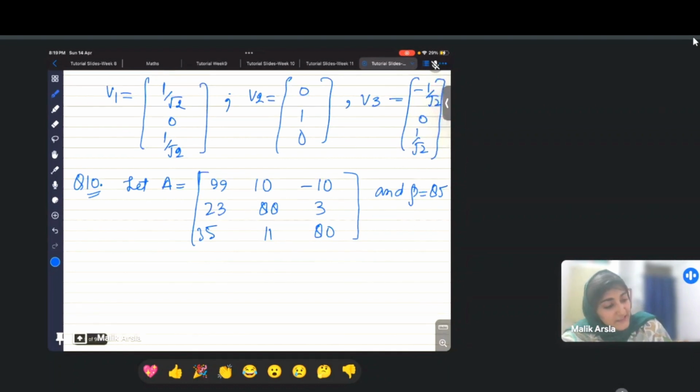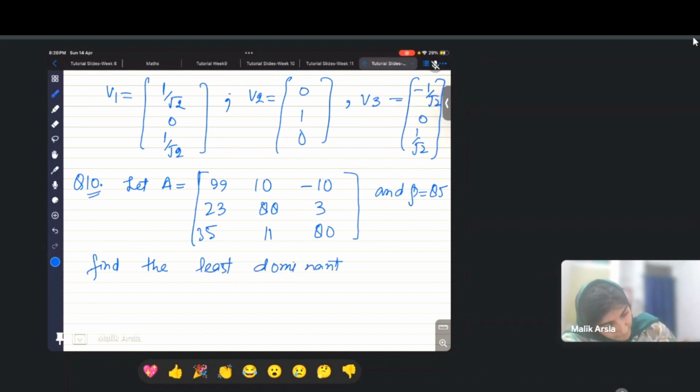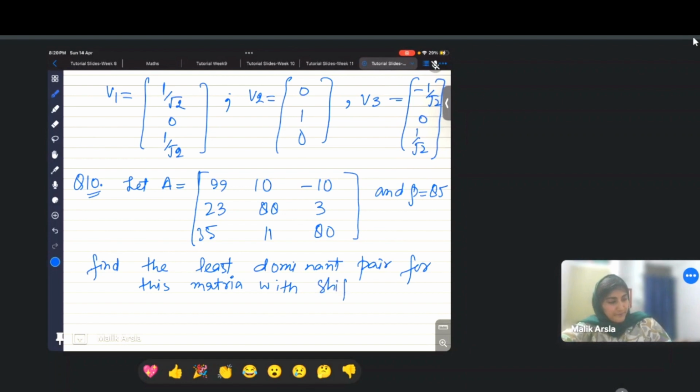You have to find the least dominant pair. Least dominant of this A, in the sense we need to find out the matrix with shift, B is equal to A minus rho I.